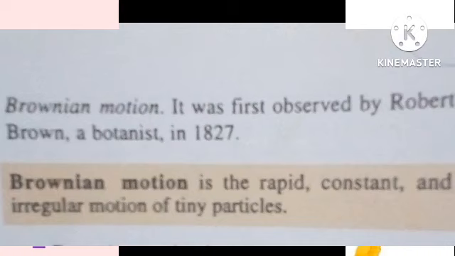So now, folks, from all these conclusions we've been drawing, let's talk about Brownian motion in detail. Brownian motion was first observed by Robert Brown, a botanist, in 1827, and it refers to the rapid, constant, and irregular motion of tiny particles. These particles do not move in any specified way; they move in a haphazard way that is unpredictable.